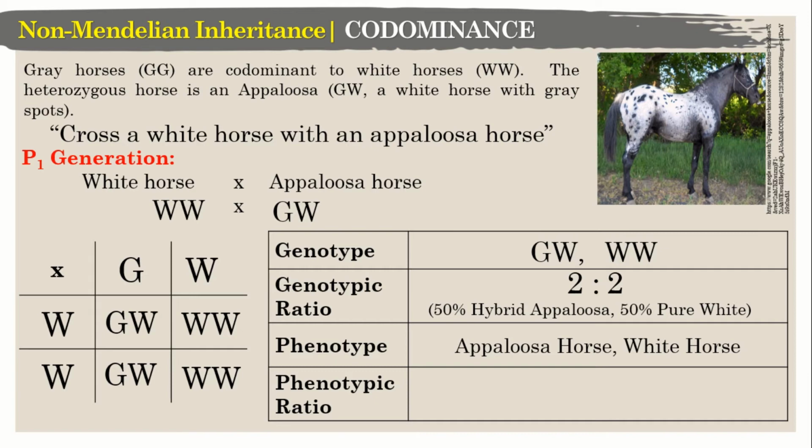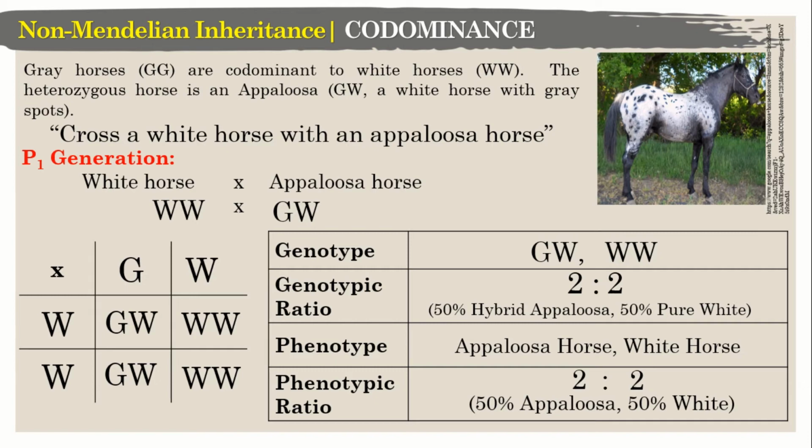Again, since there would be two dominant genes equally expressed in a cross, that means there would be two Appaloosa to white horse. So 50% Appaloosa, 50% white. Do you understand? So that is codominance.